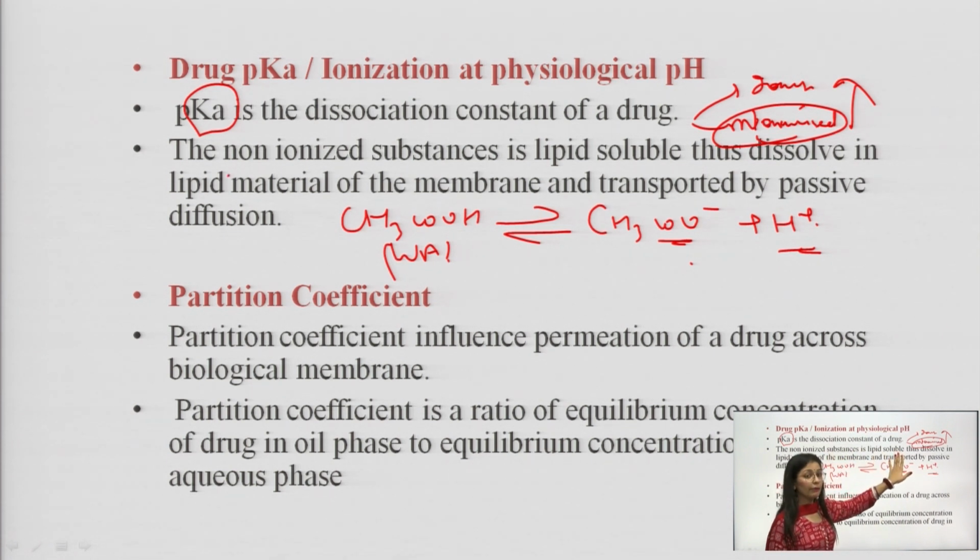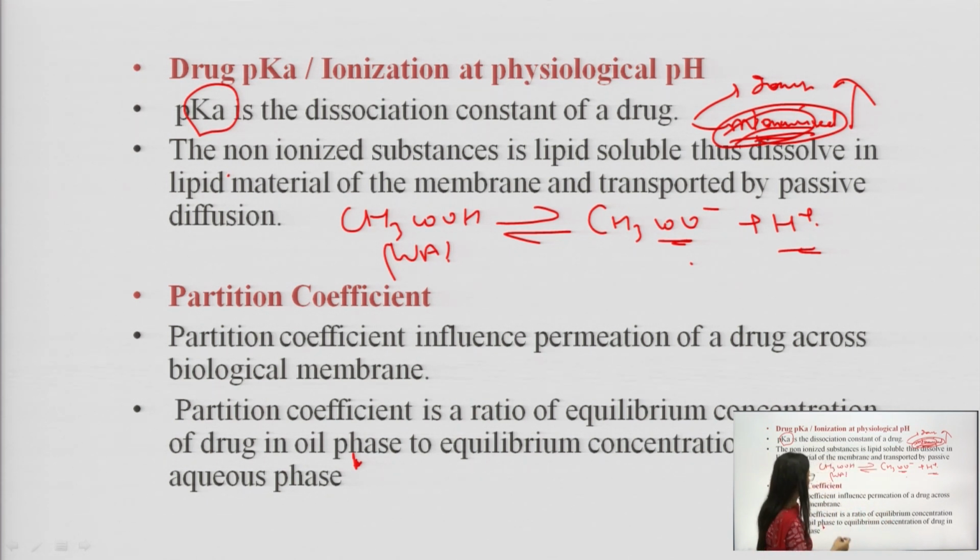As I told you, it can pass through the lipid membrane very easily. Thus they dissolve in the lipid material of the membrane and are transported by passive diffusion. So basically our drug needs to be undissociated or non-ionized, and if it is non-ionized, it passes through the lipid membrane very easily.